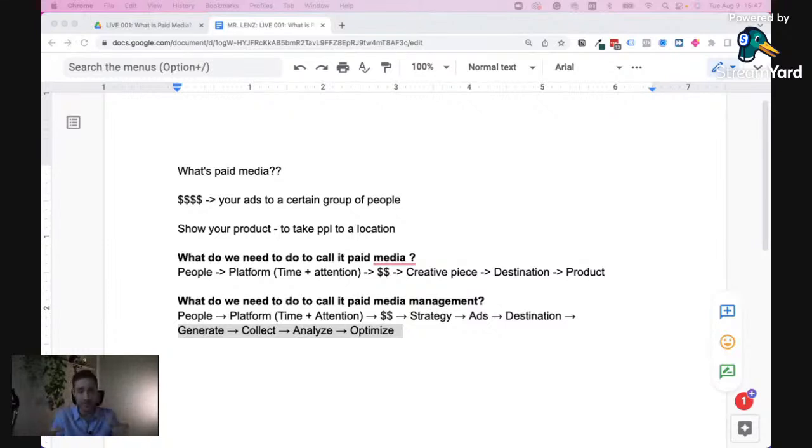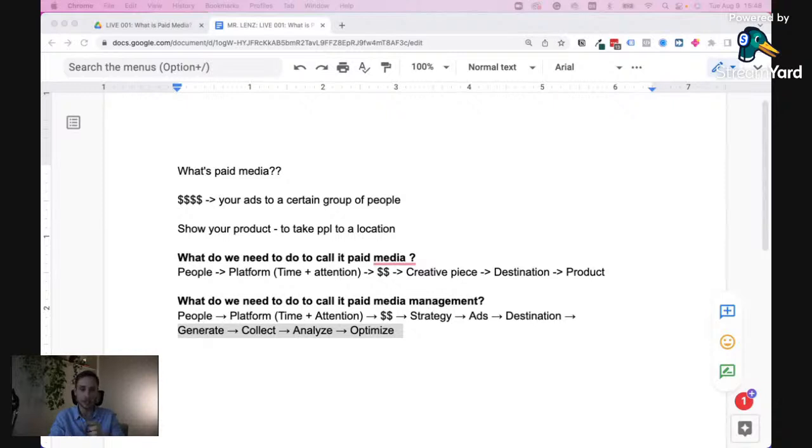How do we analyze that data? This is what we're going to cover in this membership. We're going to cover these 4 steps throughout the whole membership, because managing paid media is about these 4 things.